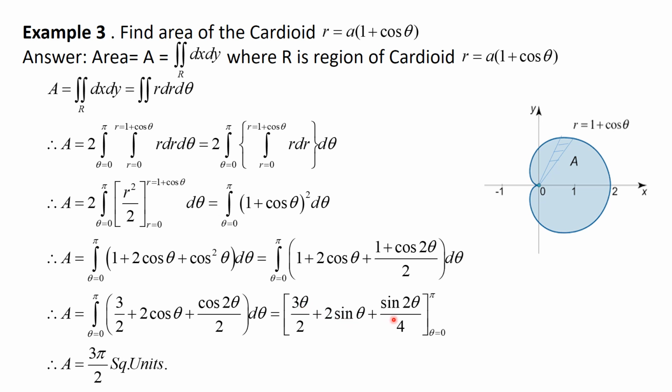Since sin pi and the value of sin 2 pi both equal to 0, upper limit remains in the form of 3 pi by 2, and the lower limit theta equal to 0, all three terms occurs to be equal to 0, and hence A equal to 3 pi by 2 square units, which is the required area for r is equal to 1 plus cos theta.